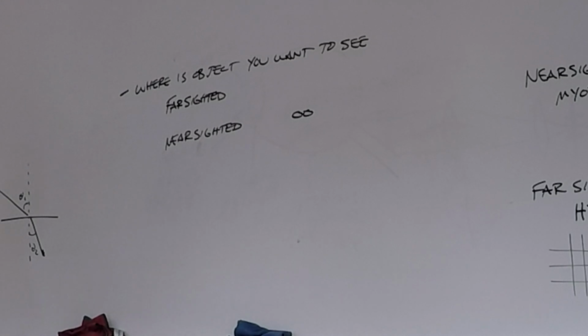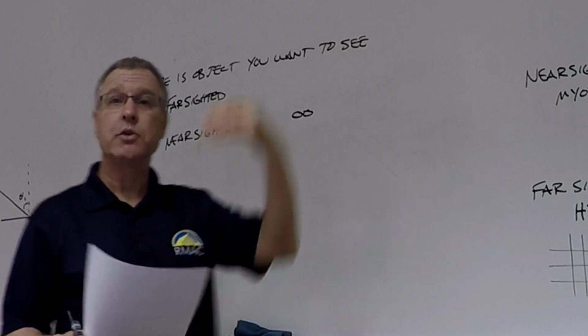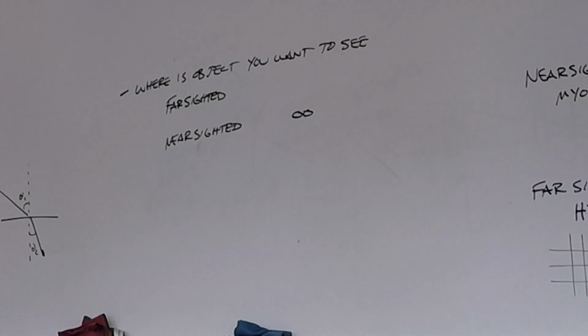How about somebody that's farsighted? They can see no problem out in a distance, but where's an object going to be that they can't see without their lenses that would sure be nice to see? And what's a typical example? You see this with a lot of older people. Where do they want to see things that they can't without glasses? Zero. Not zero, because that's pretty tough.